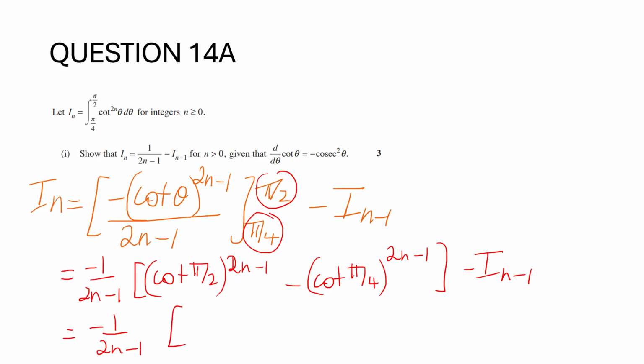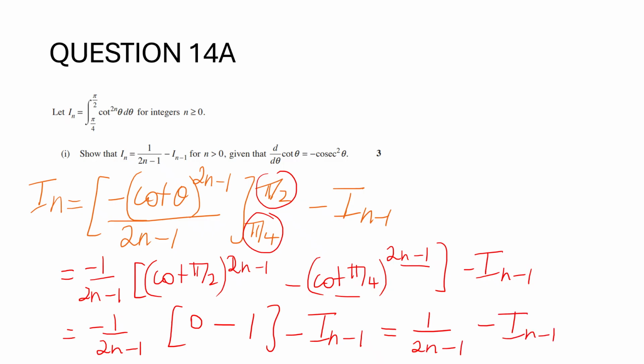Now, cot is 1 on tan, and 1 on tan pi on 2 is 0. Take away cot pi on 4, which is 1 on tan pi on 4, that's 1 on 1, so that's 1, and 1 to the power of 2n minus 1 is still 1. Take away I_(n-1) is equal to 1 on 2n minus 1, take away I_(n-1), as required.